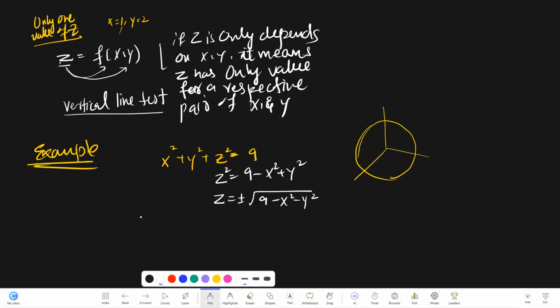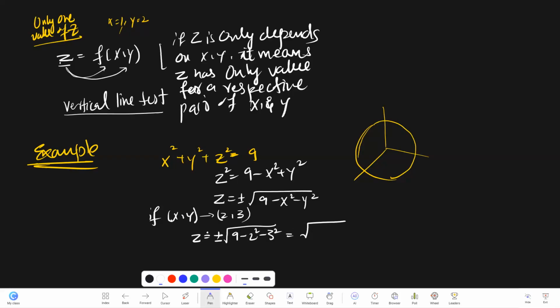But here's a problem. If I substitute x and y values, let's suppose 2 and 3, I'm going to say z equals plus or minus the square root of 9 minus 2 squared minus 3 squared. And you get some answer, whatever, right? But I'm not interested in the answer too much.